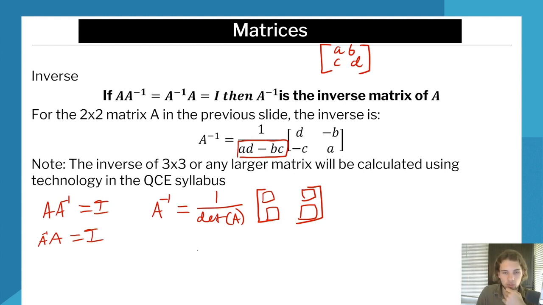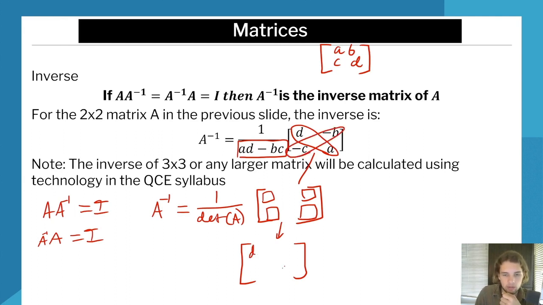Now, we use the determinant, and then over here, for 2 by 2 matrices, this factor here, we just flip A and D, we flip this diagonal, and then we flip the signs of the other diagonal.